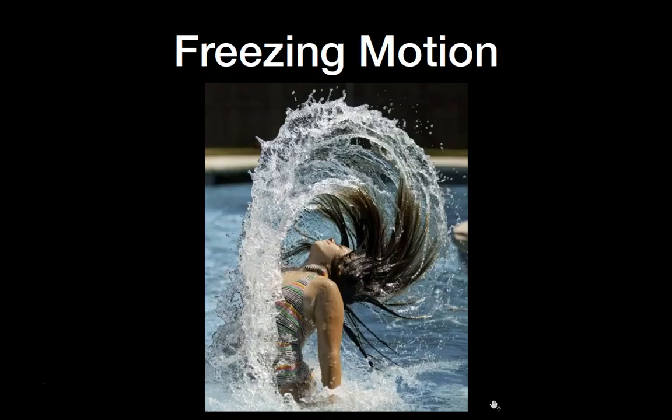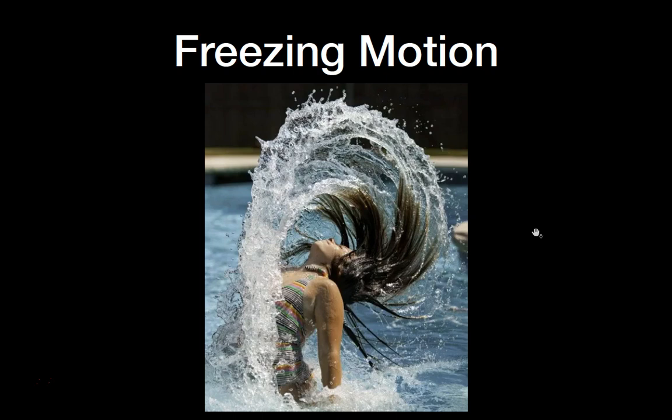So freezing motion is when you're using that really fast shutter speed. Your ISO is going to be a little higher, so that grain is something you may have to forgive. There's really no way around it because that shutter speed has to be fast. And you want to show good motion, so water is great because you can see this beautiful arc of the water and the water droplets.